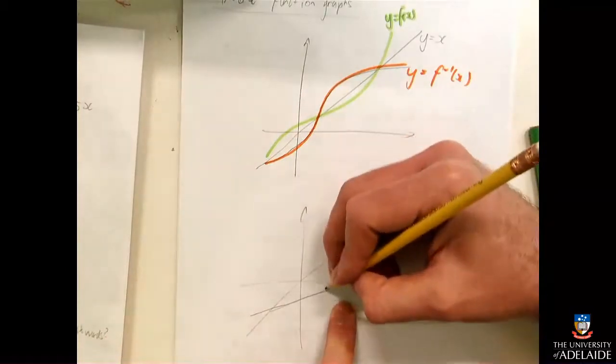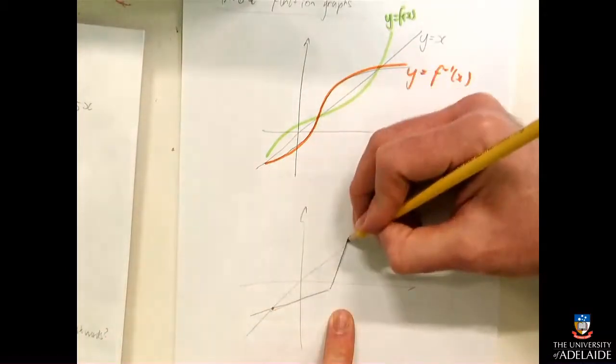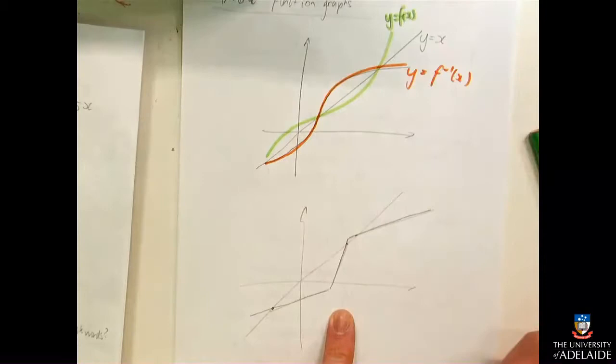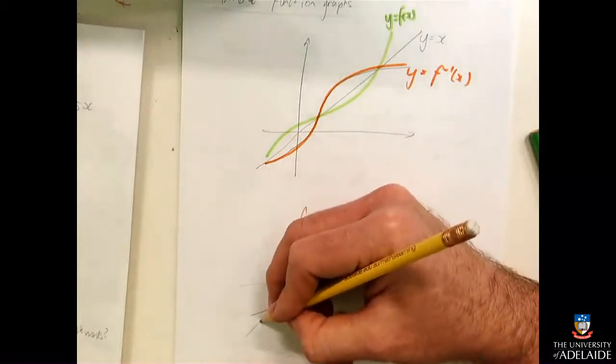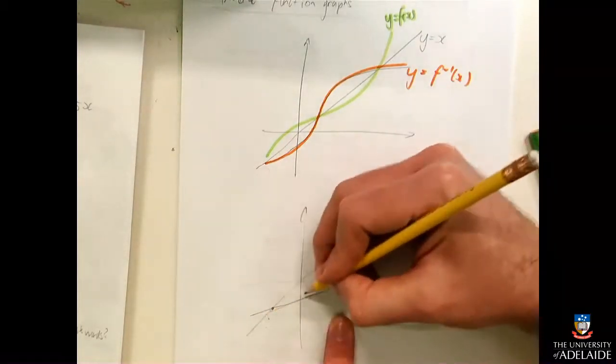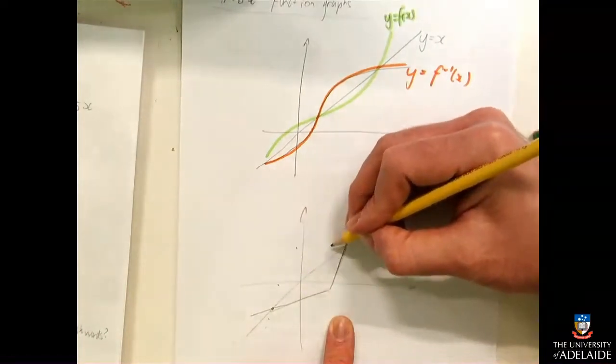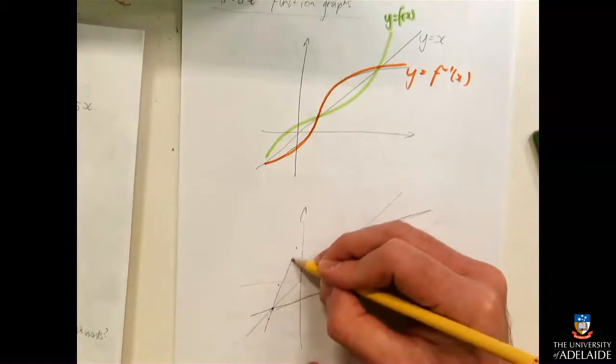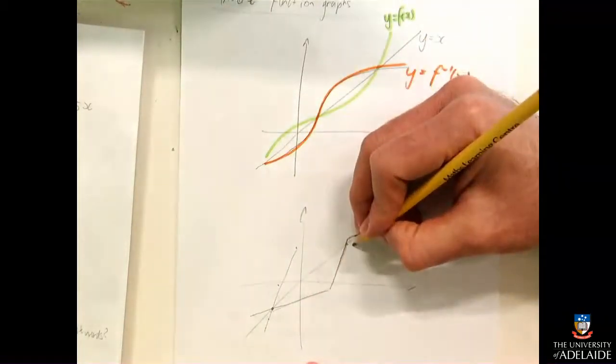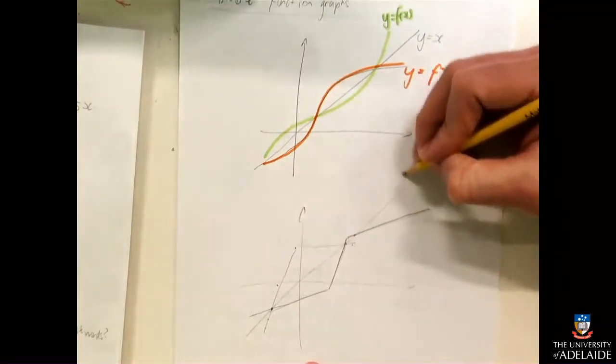So I'll go, that one stays the same, that one stays the same, that one stays the same because they're on the line. This one will have to come this way, that way, that way. All right, we're doing pretty well. This kink will come here, that one will go over there.